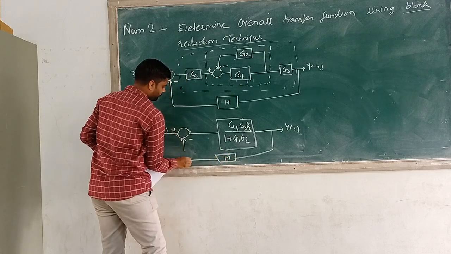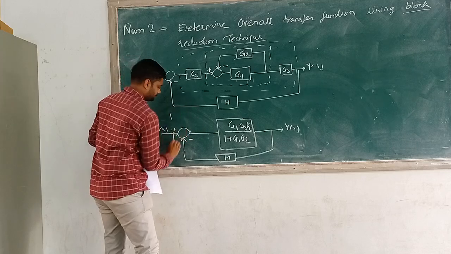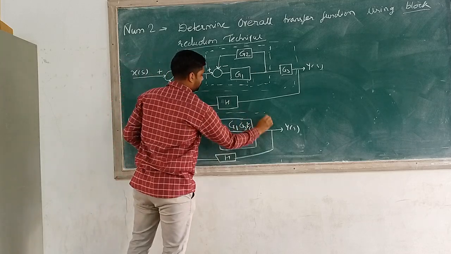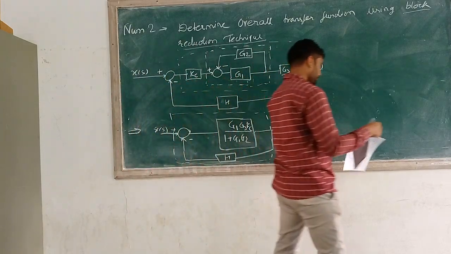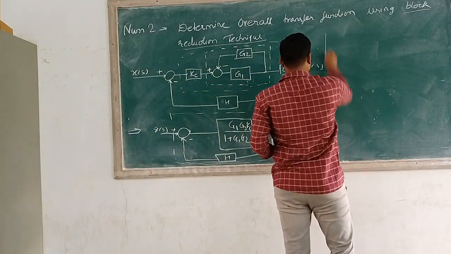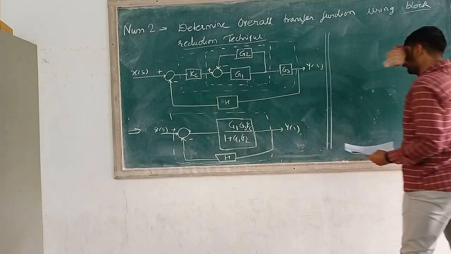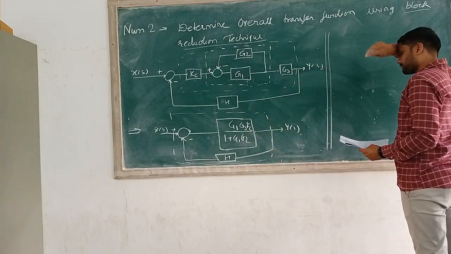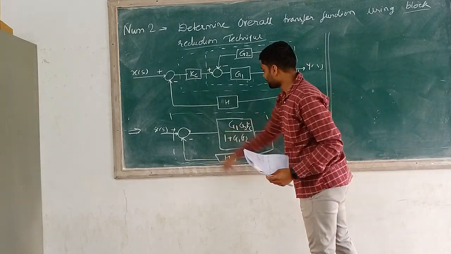Now only this negative feedback loop is present here. Now we want to reduce this. And how you are going to reduce this negative feedback loop I have already taught you. This is a negative feedback loop.